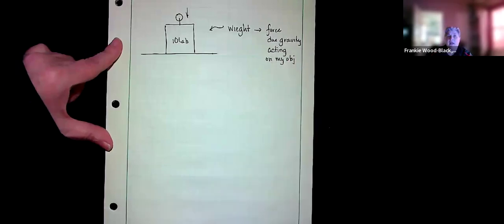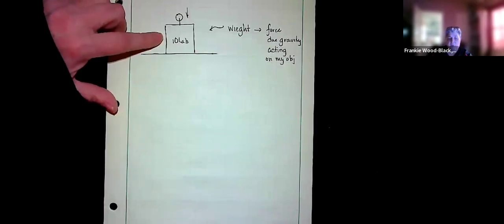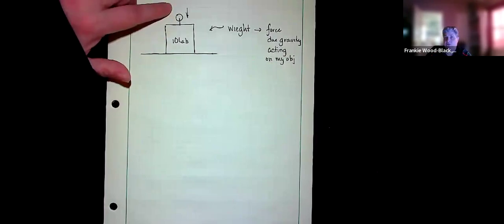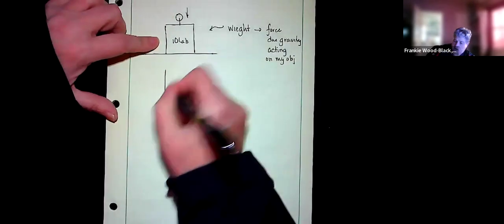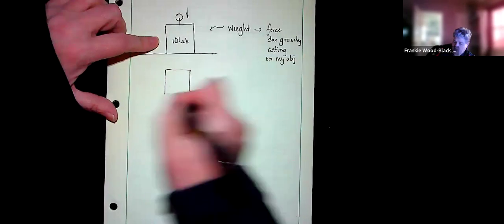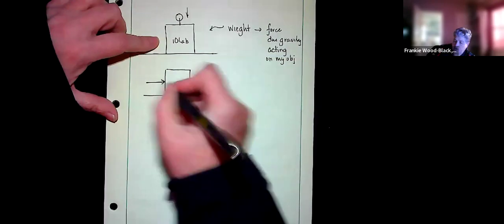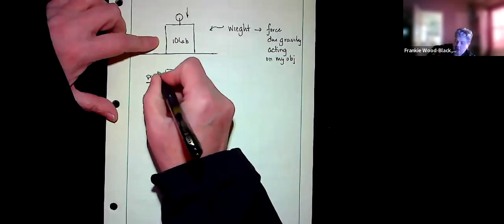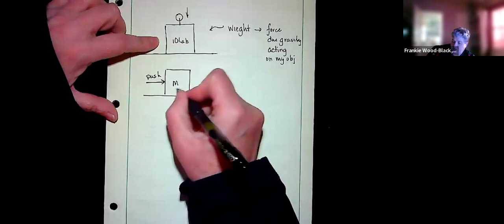Okay, so we know that if I have a small item, it's going to take less force to move it up than if I have a bigger item. And one of the things that we know is if I have an object here and I'm going to apply a push to this, in order to get this to move, this object has mass.